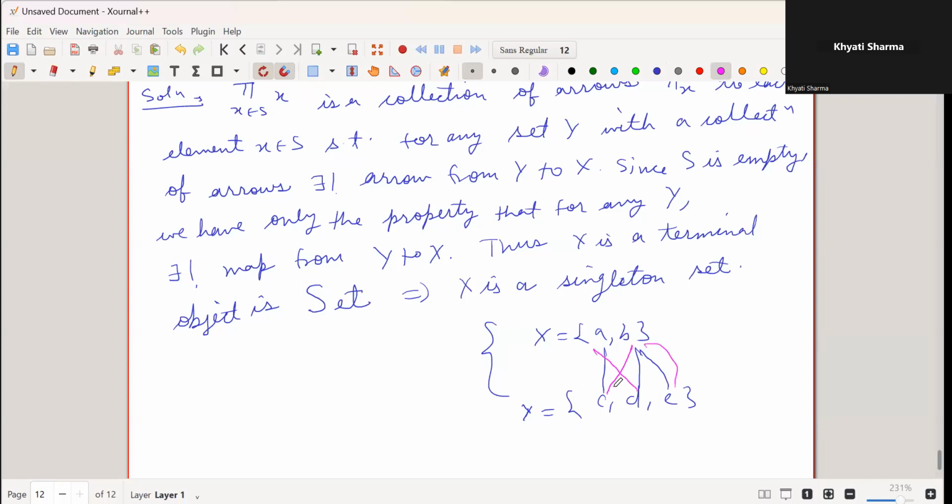There are many ways, but if there is only a single element, b is not there, then you have to map all the elements of the other sets to the single element only. So if you want a single map from every other object, the only possibility is that the set is a singleton set. So that's why the terminal objects are just the singleton sets in the category of all sets.